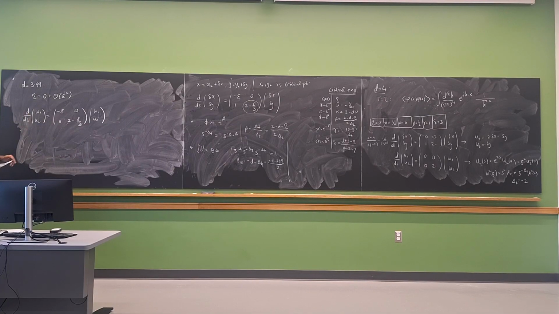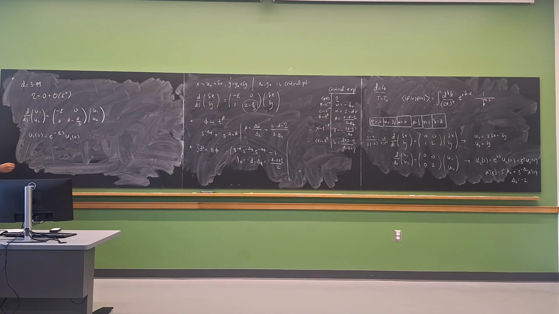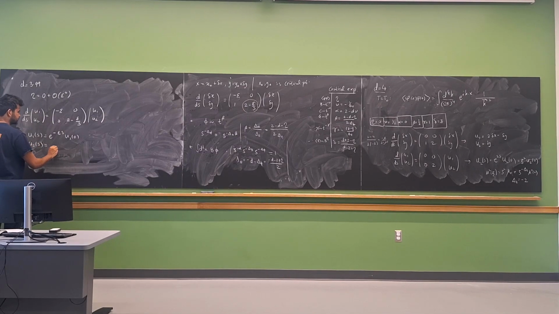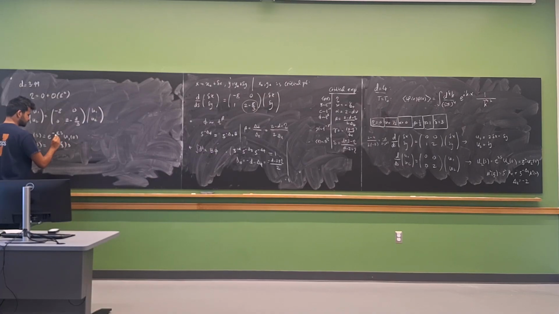So we see that u1 is irrelevant in the sense that u1(s) is e to the minus epsilon s times u1(0), it goes to 0 as we increase s, but u2 is e to the 2 minus epsilon by 3 s.